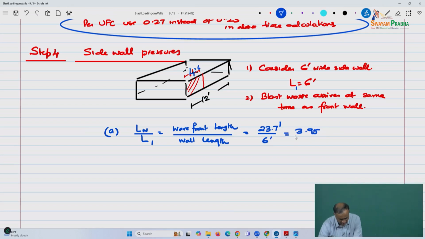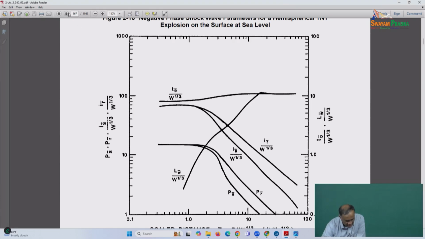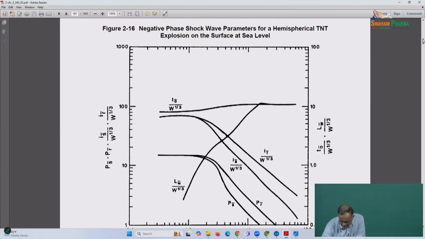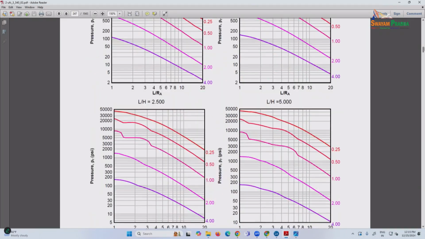And so if you go to figure 2-196, let me go down a little. I've copied this figure in the main.